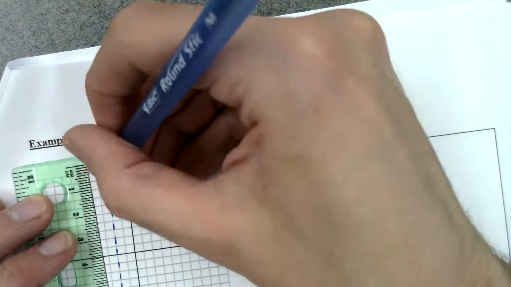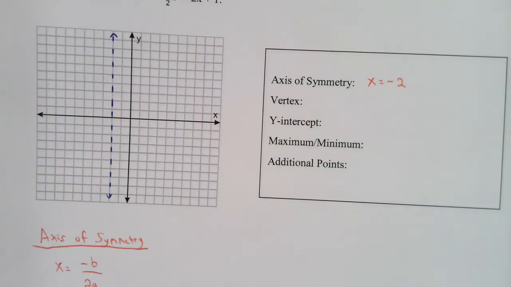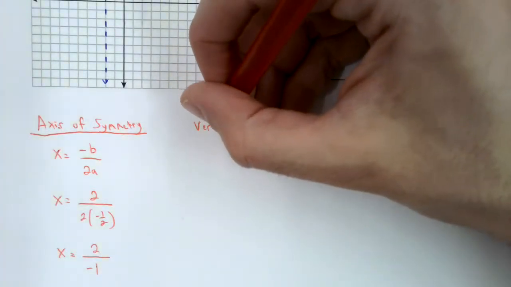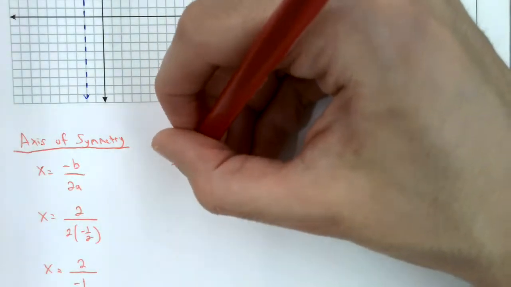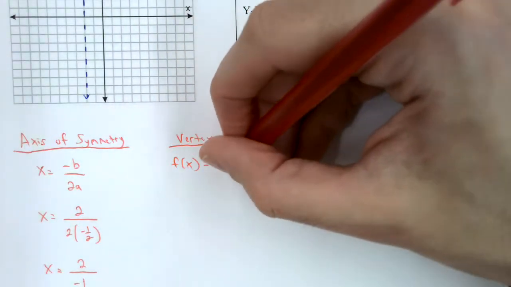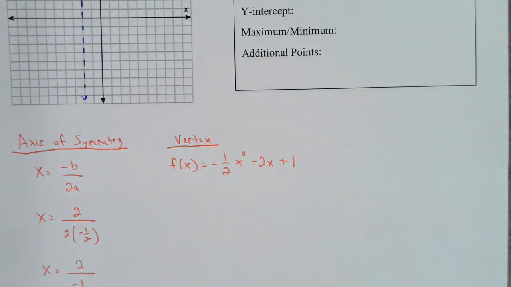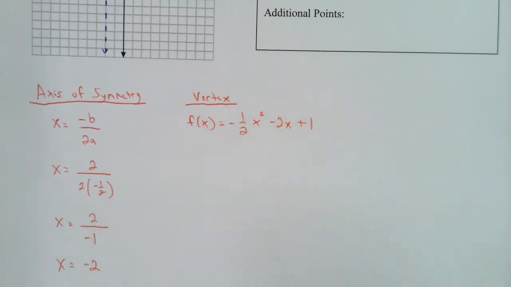Next up will be the vertex. So let me just copy down the original problem. And let's substitute the x value that we got from the axis of symmetry into the function.